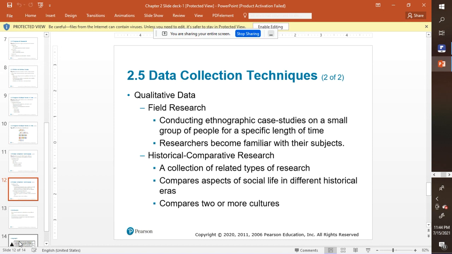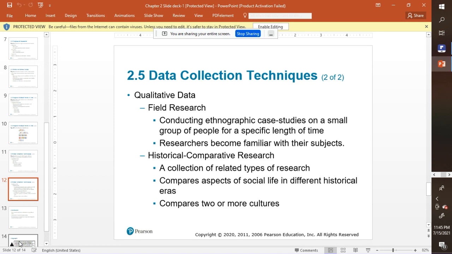Historical comparative research is different from the field research that has to do with ethnographic. For historical and comparative research, it could be a collection of related types of research.